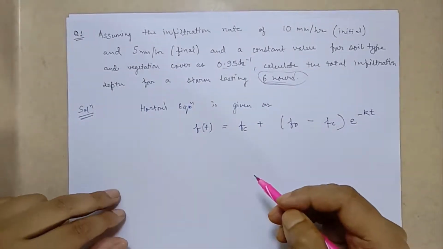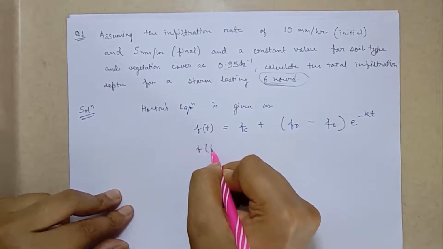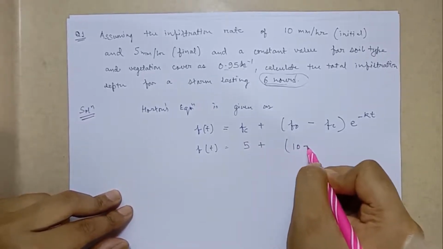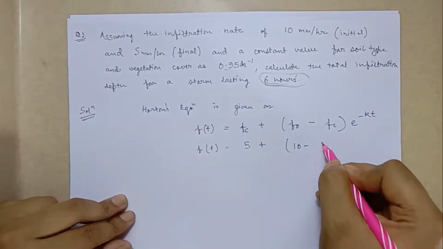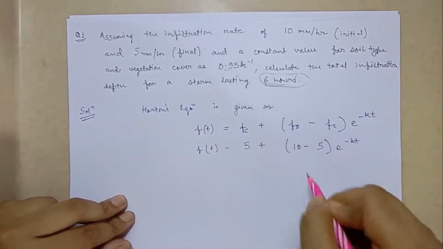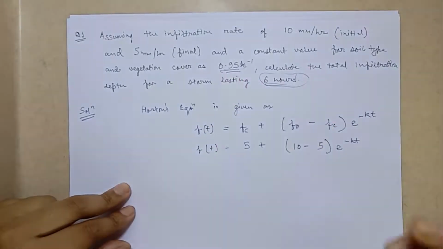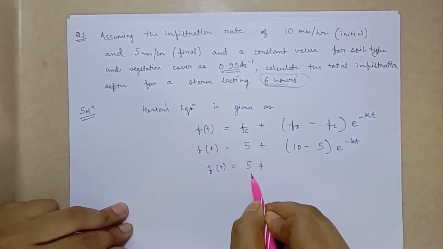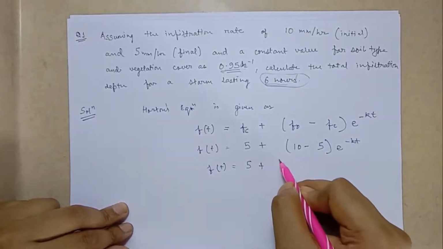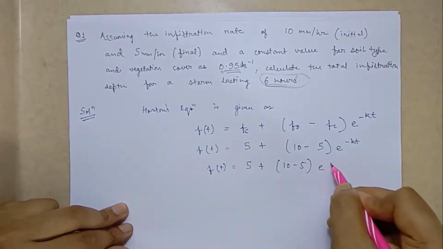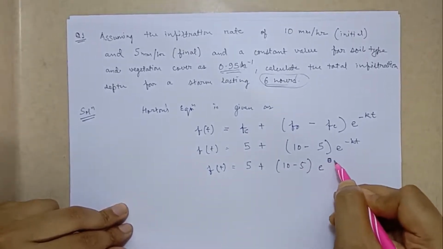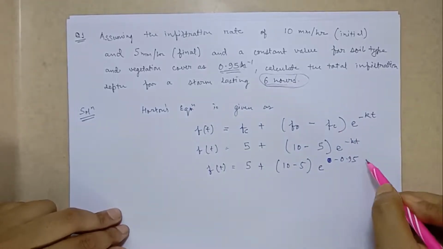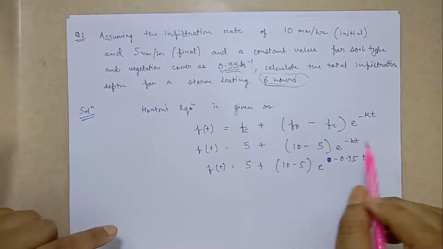So we can write f_t is equal to 5 plus (10 minus 5) e to the power minus kt. k is given as 0.95 per hour, so f_t is equal to 5 plus (10 minus 5) e to the power minus 0.95 t. I am not going to substitute t as 6 hours.